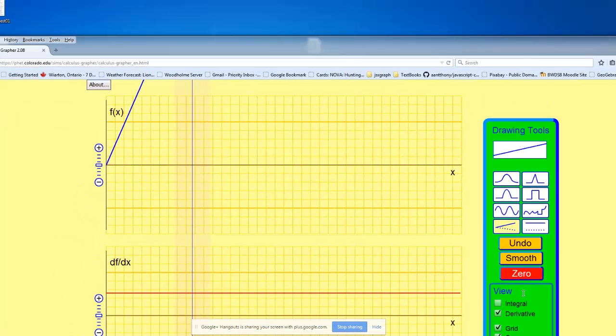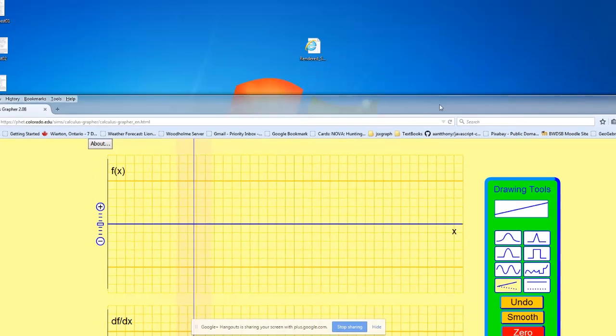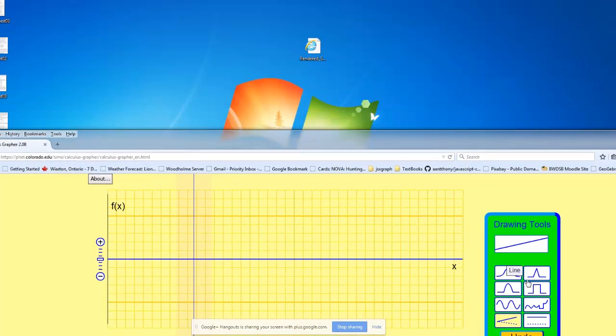Okay, so I'm going to zero everything. And let's see, we've had a cusp, we've had that. This one's kind of interesting. Okay, all right. This now is funkier.